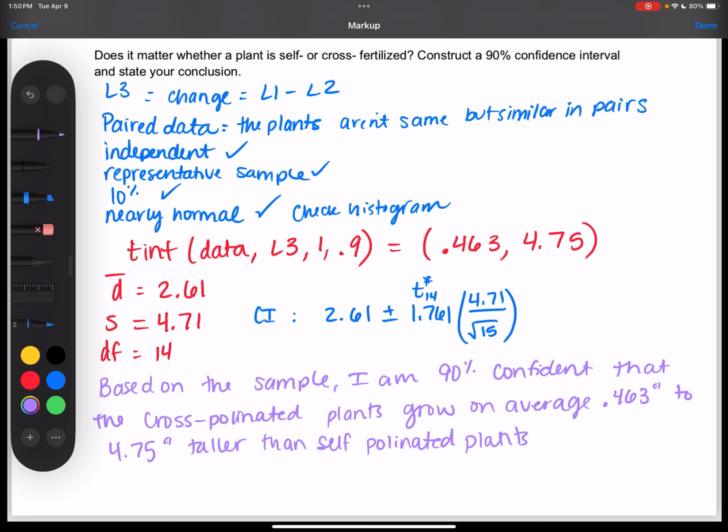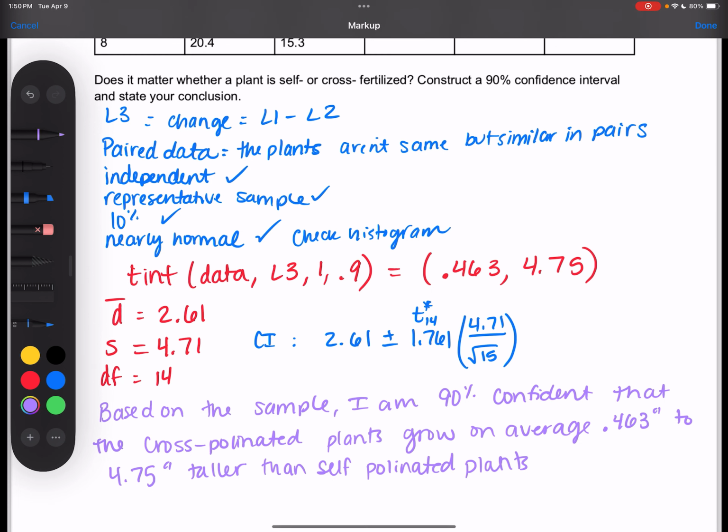How would you decipher that? If the numbers we got were negative, would it be shorter then? Yes, if you did L1 minus L2. Now, if you had done it backwards, because when I initially typed it in the first time, I did L2 minus L1, and so my numbers were flipped.